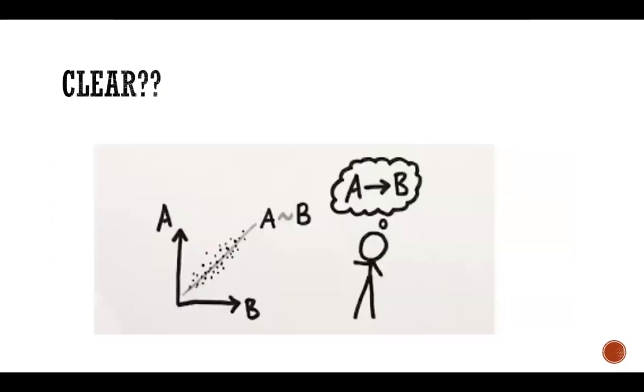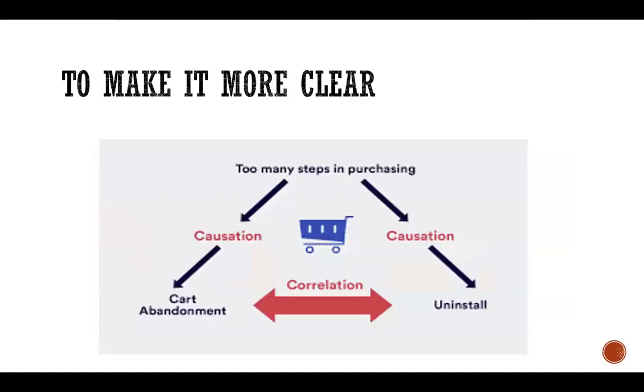If it is not clear, I have another example to make it clearer. Suppose you're using an app to purchase goods. If there are too many steps in purchasing or making payment, it will lead to cart abandonment. And if there are too many steps in purchasing, you will also uninstall the app.